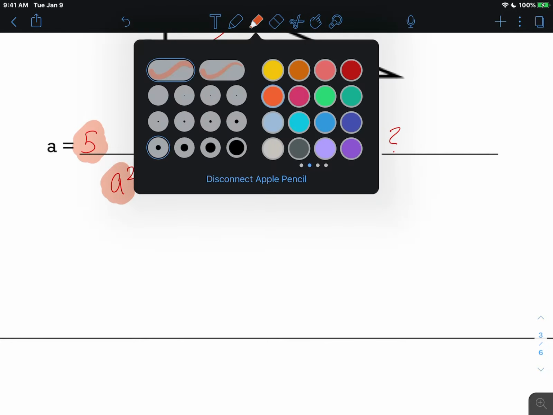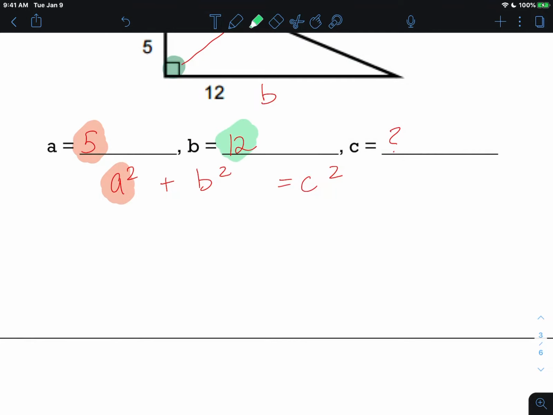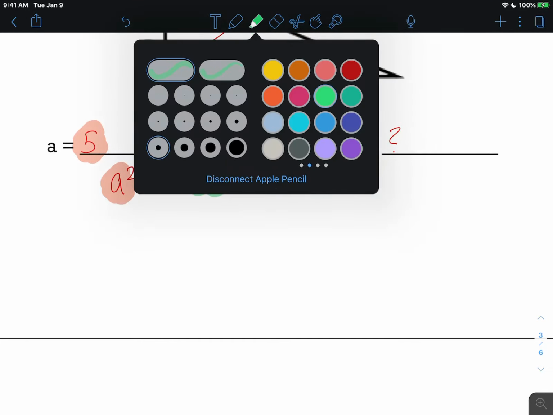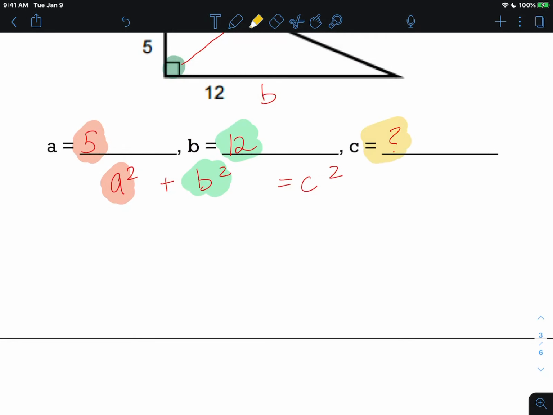I'm going to highlight these by color just so we can see where they're supposed to be plugged in. If you notice, I still have to leave something for C because I don't know what it is. I'm going to leave it as the letter C. So 5 squared plus 12 squared equals C squared.